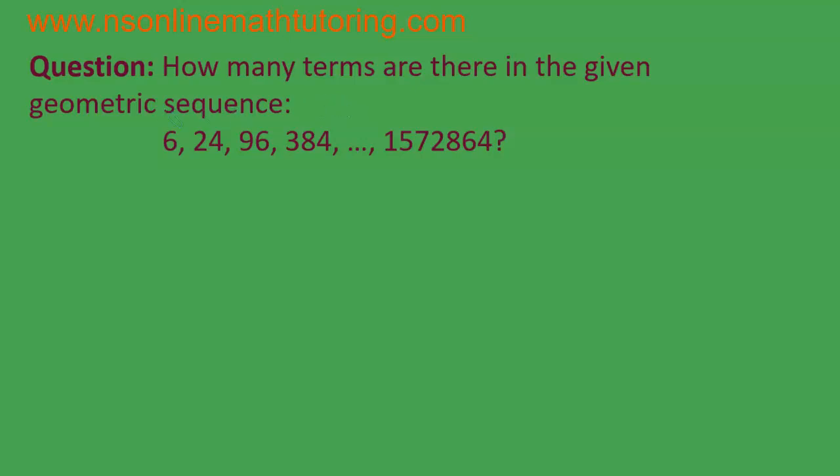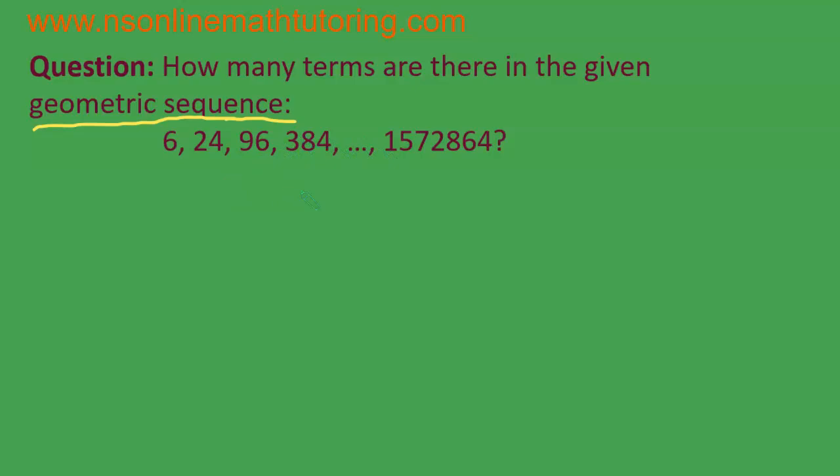Okay. So the first question of this session says, how many terms are there in the given geometric sequence? So they are mentioning this sequence to be a geometric sequence. Hence, they are saying that there will be a common ratio between the consecutive terms.